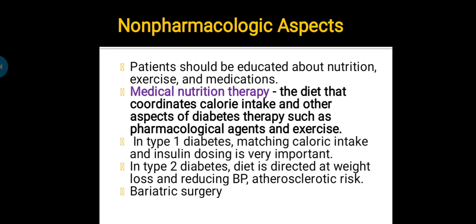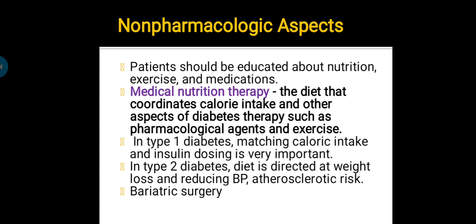And bariatric surgery is another option, and it has been found that bariatric surgery, if it is done early in patients where properly indicated, so if BMI is more than 35 with comorbidity or BMI more than 40 without comorbidity, if diabetes is present in them, bariatric surgery can reverse the diabetes mellitus also, or at least will give very good control of diabetes in those patients.